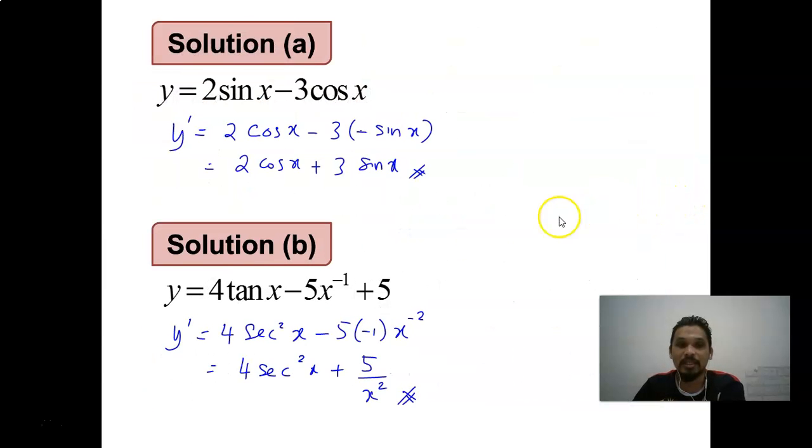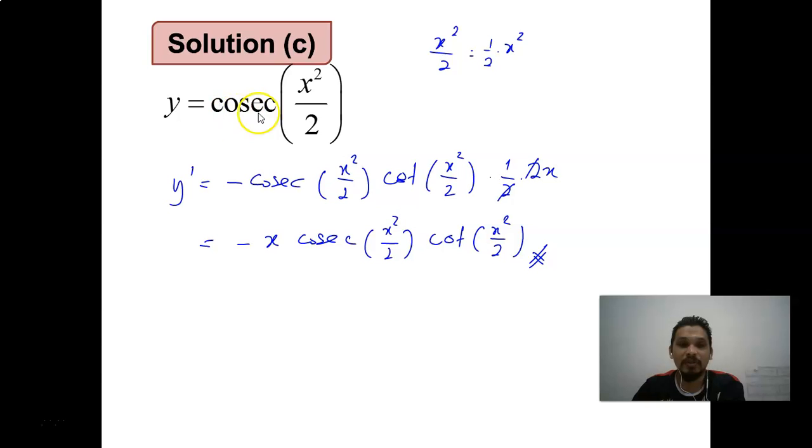So in this case, differentiate cosecant f(x), then differentiate cosecant: negative cosecant cotangent, and differentiate the function inside. It gives you half times 2x, and divide by 2 here to bring x in front: negative x cosecant x squared over 2 cotangent x squared over 2.